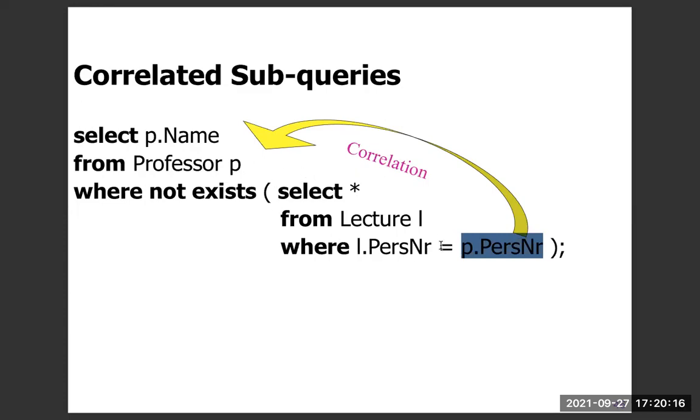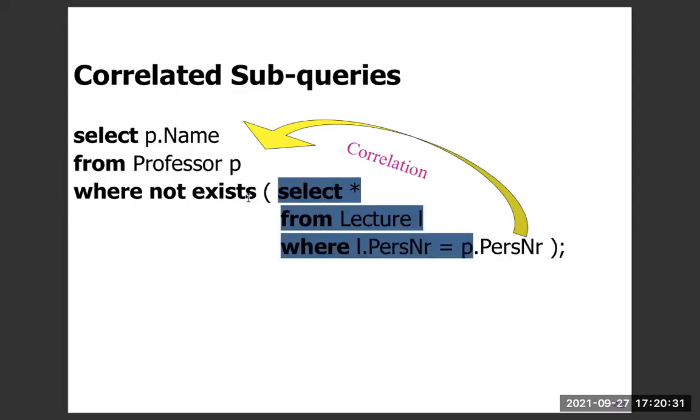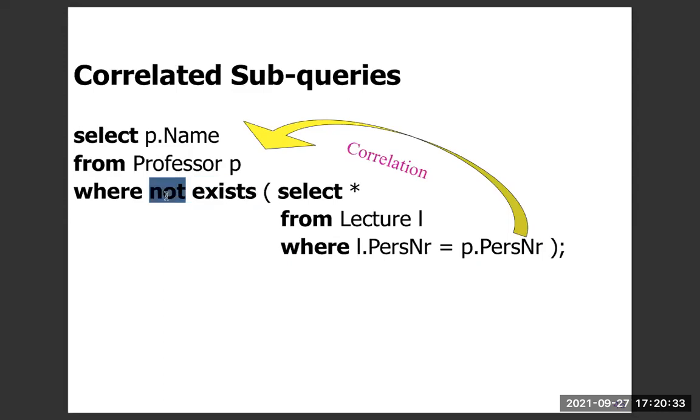If the result is empty, no lectures delivered by this professor, then exists will return false. So exists says no records, the table doesn't exist. But not exists returns true. So this professor goes to the final answer.